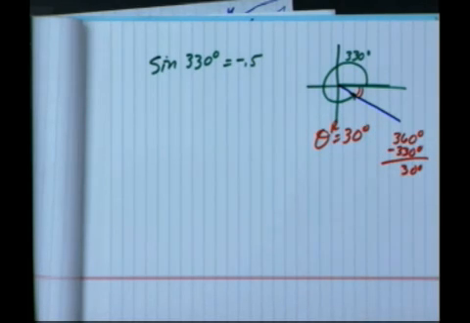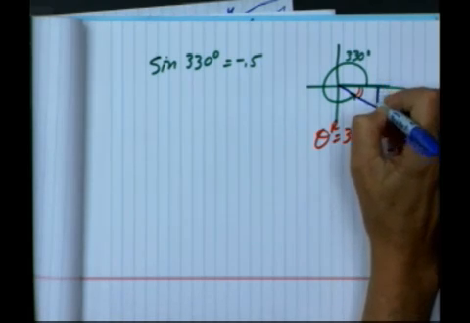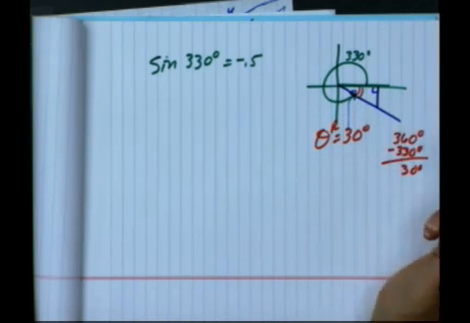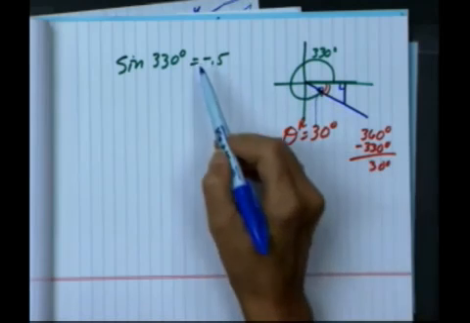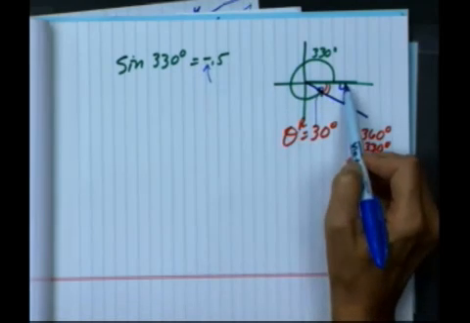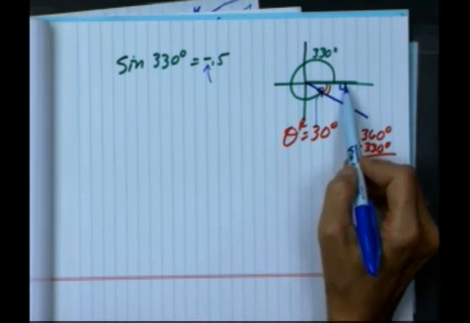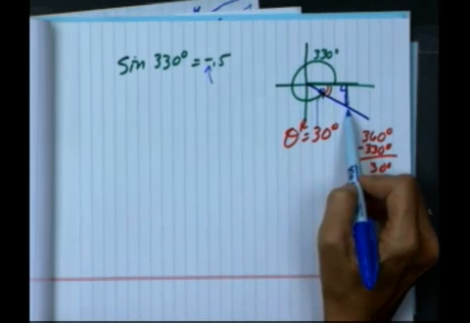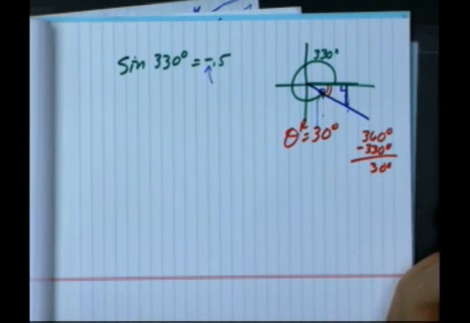All right, I'm setting up a reference triangle. And this little angle right here is 30 degrees. I'm using this little reference angle to help me out. Somebody needs to tell me why it's going to be negative. Because your y value is negative. The opposite is in the negative direction. Negative over hypotenuse. Okay? How's that, everybody?